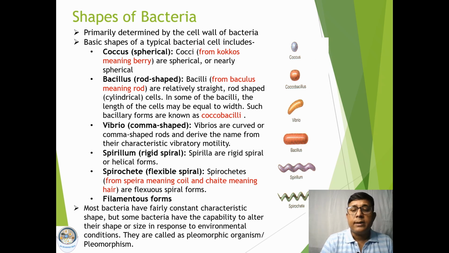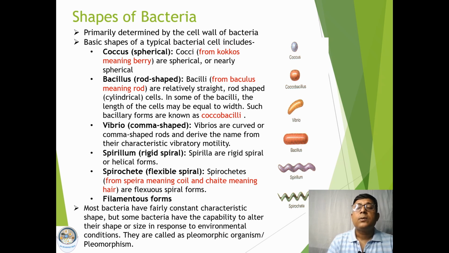There are some organisms which constantly maintain a definite shape and size, but there are some other organisms which cannot maintain a definite shape and size. Their shape may change depending on the environment, depending on the situation. This type of organism is called a pleomorphic organism, and the phenomenon is called pleomorphism.